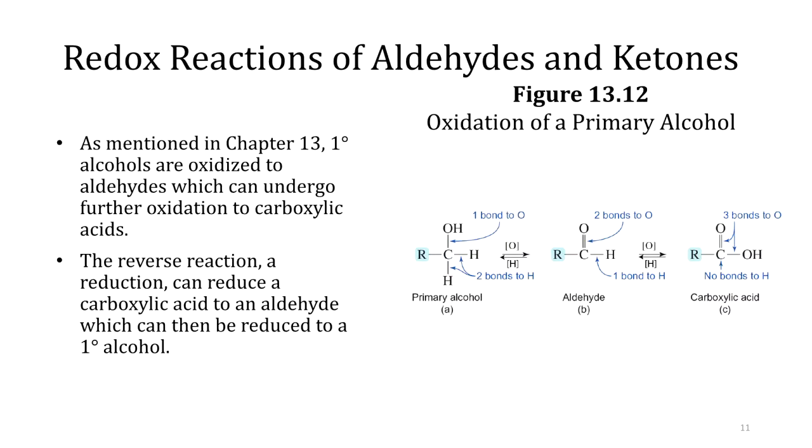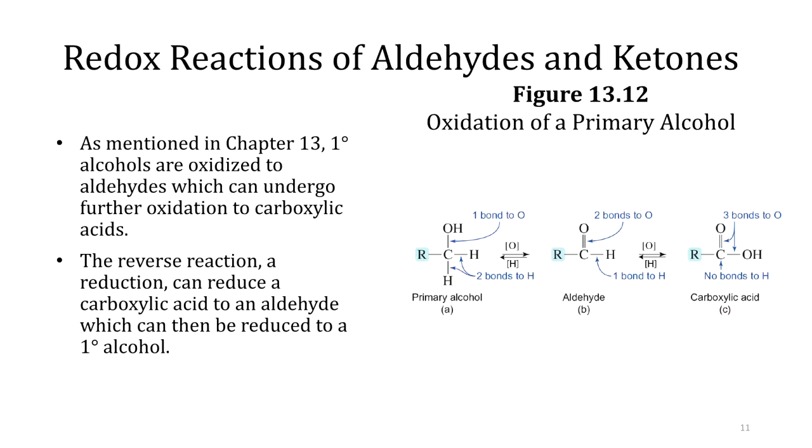If we look at the reactions of aldehydes and ketones, of course, redox is the primary driver that we see. We've already discussed these, but we'll just reiterate this here. As we discussed in chapter 13, primary alcohols are oxidized to aldehydes, and then, of course, the aldehyde oxidizes to the corresponding carboxylic acid.